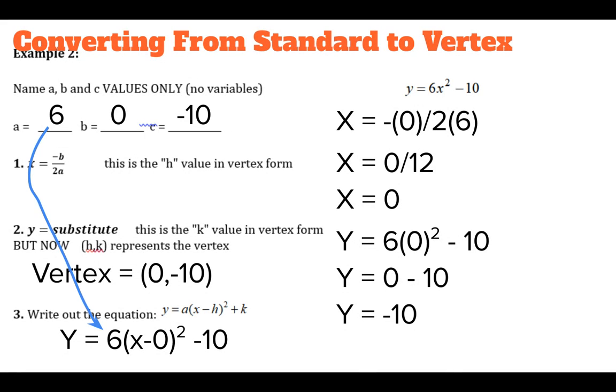So my final equation would actually be 6x squared minus 10. You'll notice that when b is 0, the vertex form and the standard form for both of these equations are exactly the same. It only happens when b is 0. It's a little trick to save you a little bit of time.